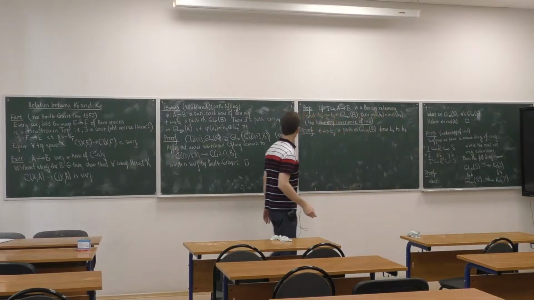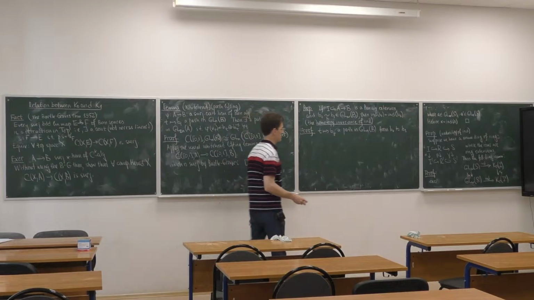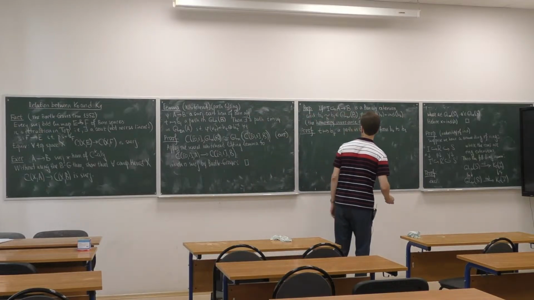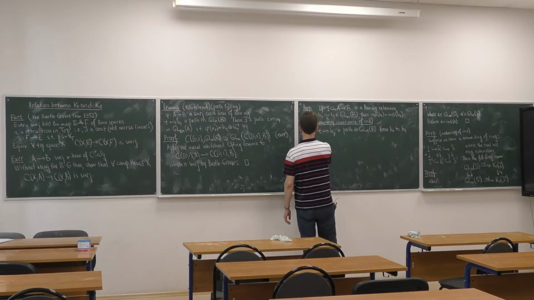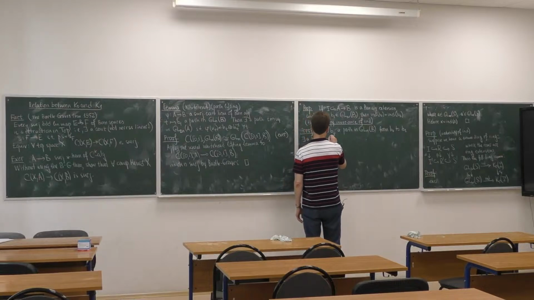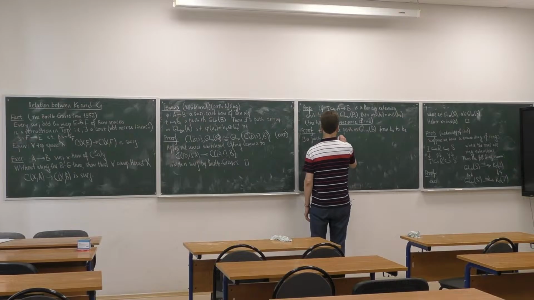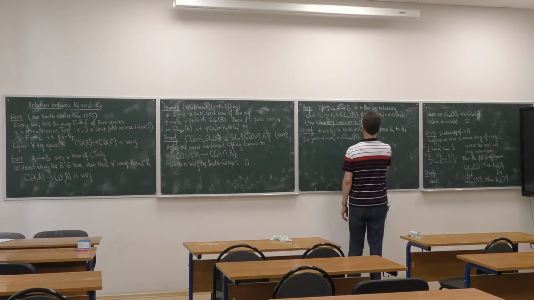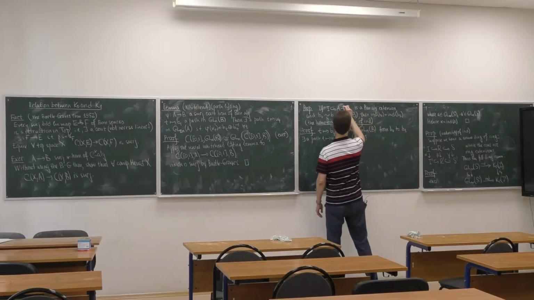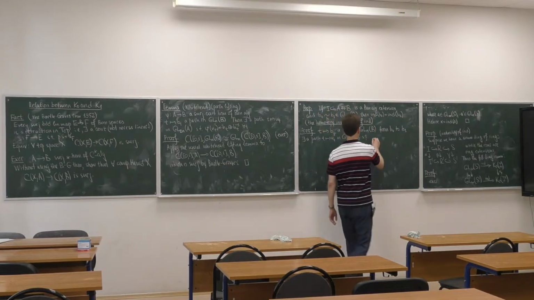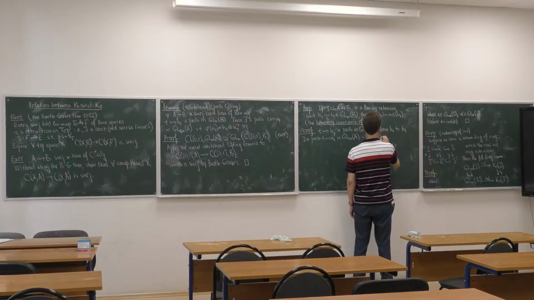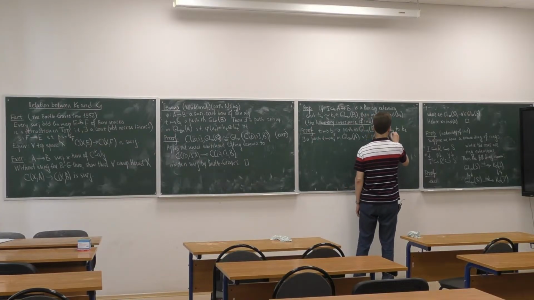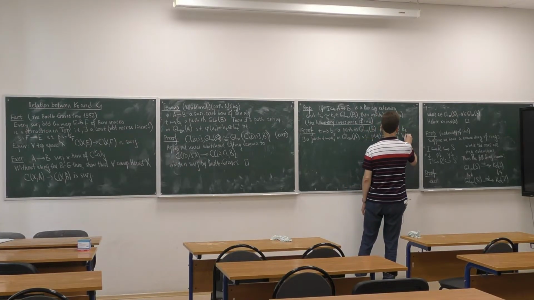And by using this lemma, we find a path in GL_2n of A. There is a path u_t in GL_2n of A such that P of u_t equals b_t plus b_t inverse for every t.